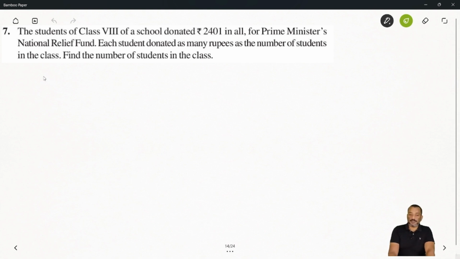So first we will say, total amount donated is rupees 2401.